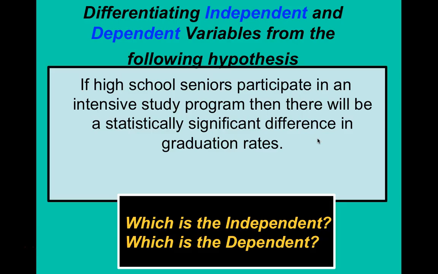Therefore, when asking yourself in that way, you've just made the graduation rate the dependent variable and the intensive study program the independent variable. So we are manipulating the intensive study program. This is something that's being implemented. Students are taking this study program, and what should be the result from the study program? It should be the graduation rate, which is the dependent variable.